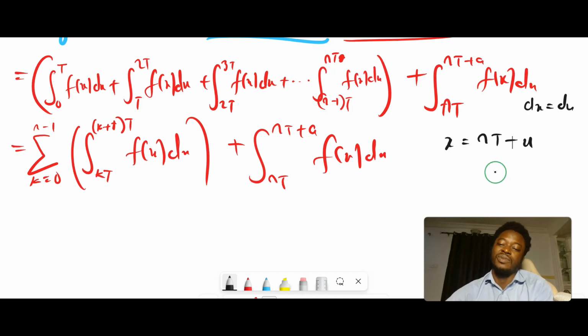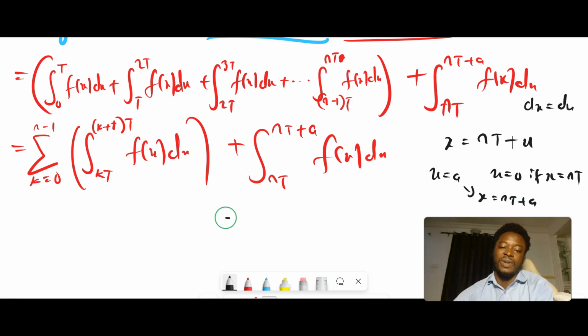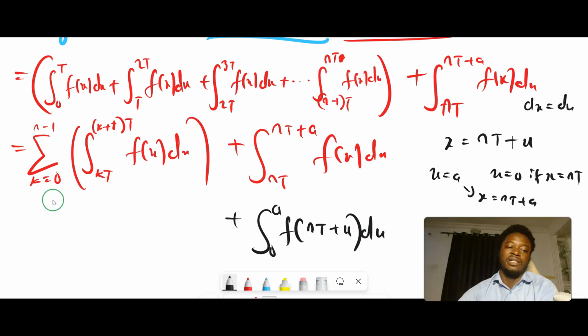Now what happens when x is nt plus a? Then in that case, u would equal a. So you have this part runs from 0 to a of f of nt plus u du.